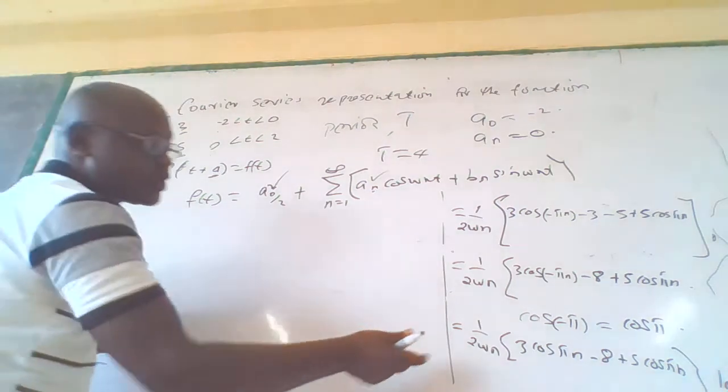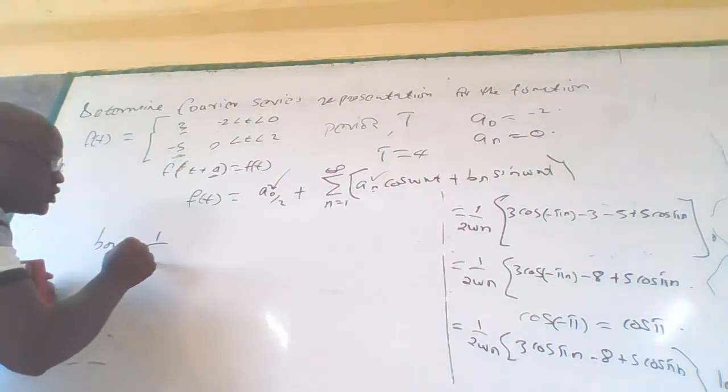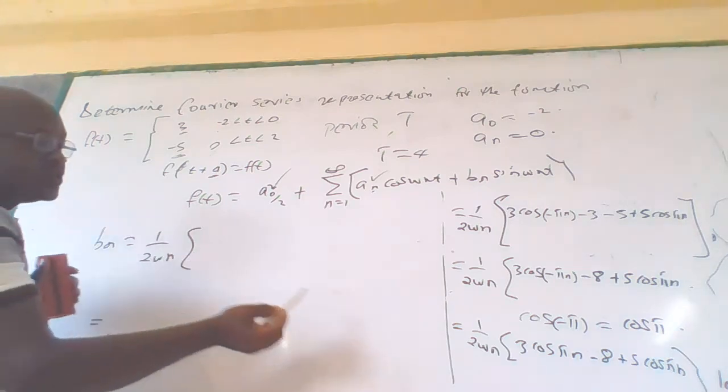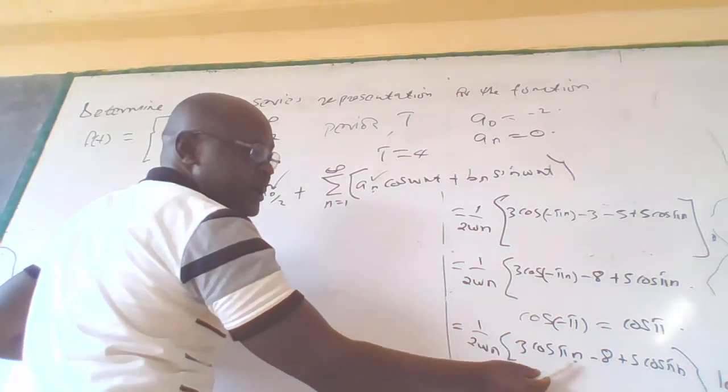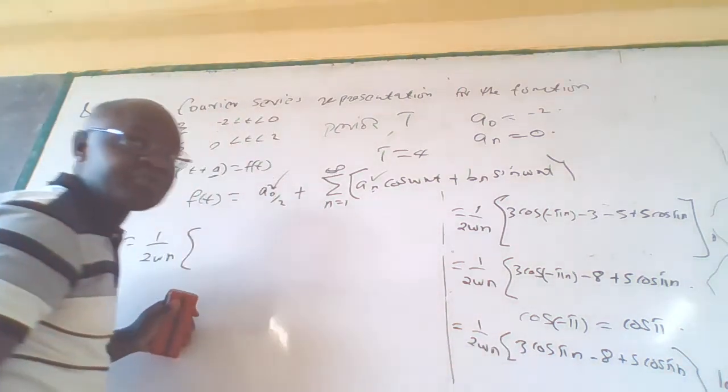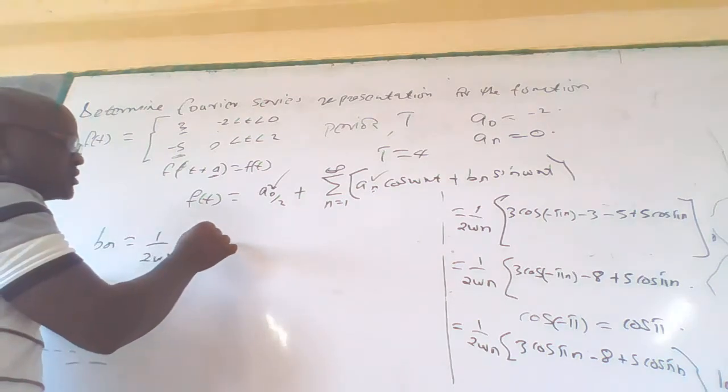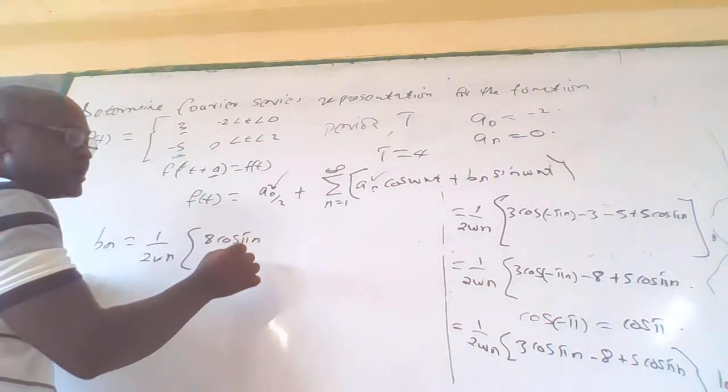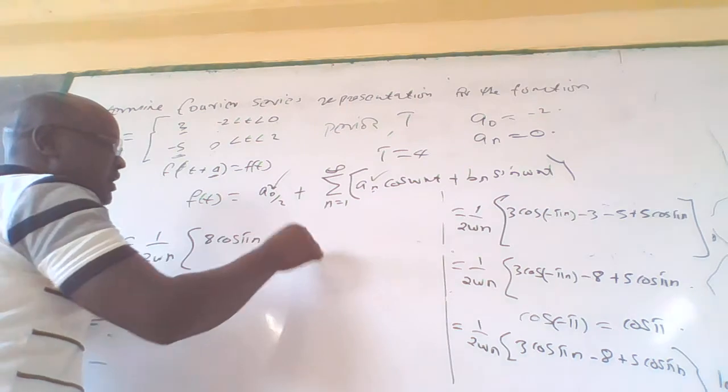They are the same. So it now becomes 1 over 2 omega n into, now 3 cos pi n plus 5 cos pi n. We have 8 cos pi n, then minus 8.